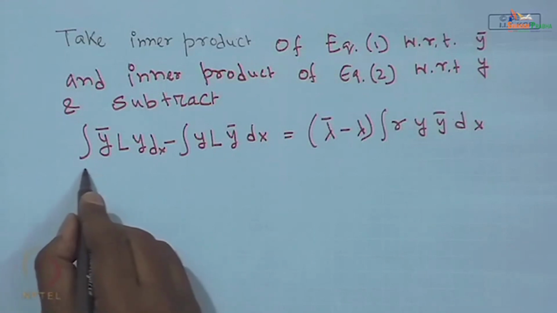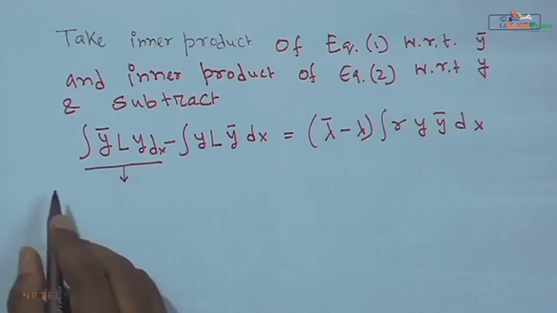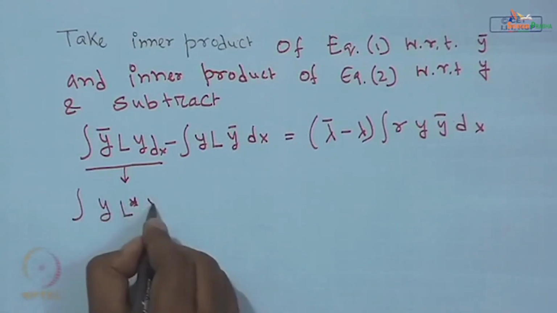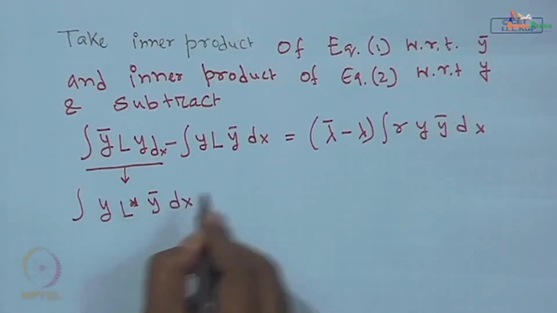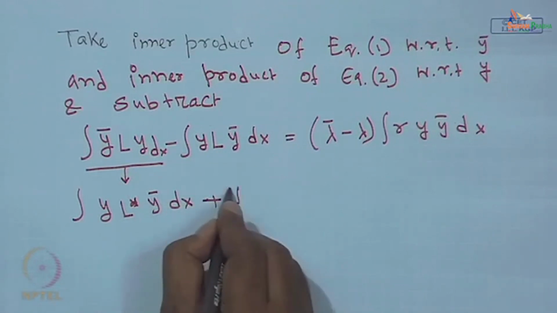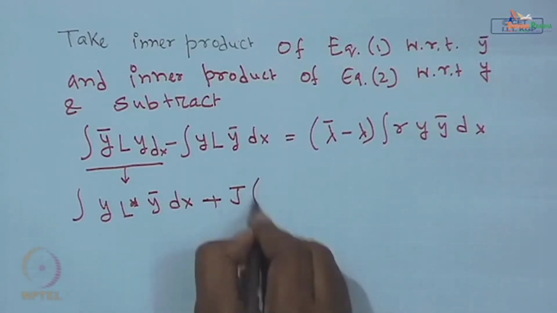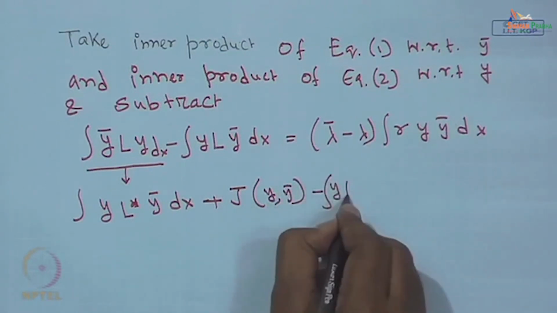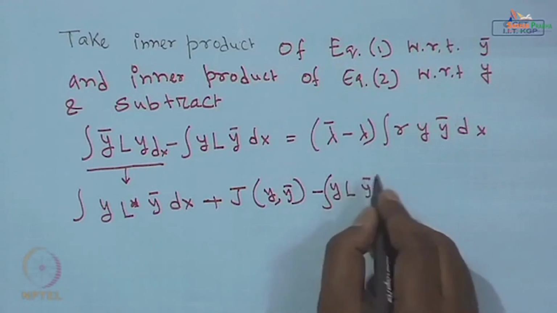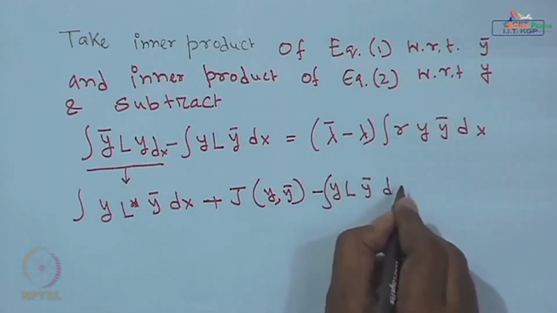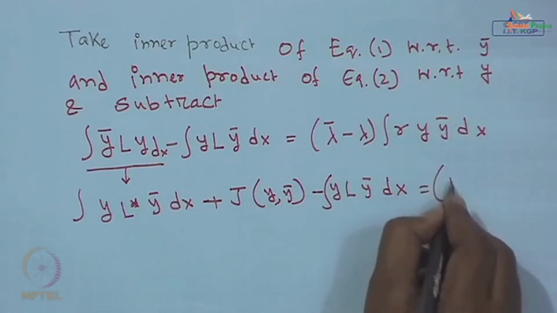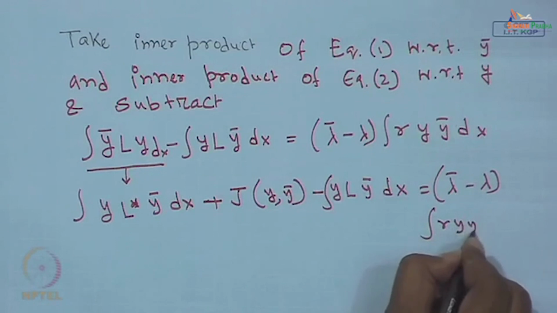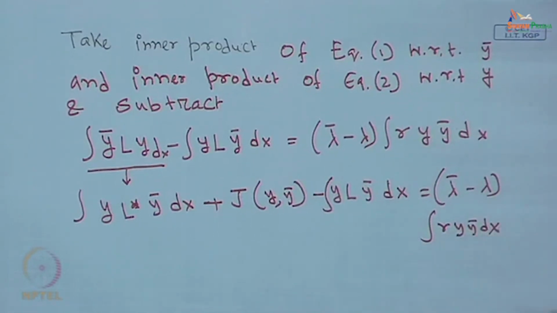Now, we substitute the left side by the integral of y L star y bar dx plus the bilinear concomitant between y and y bar, minus the integral of y bar L y dx, equal to lambda bar minus lambda times the integral of r y y bar dx.